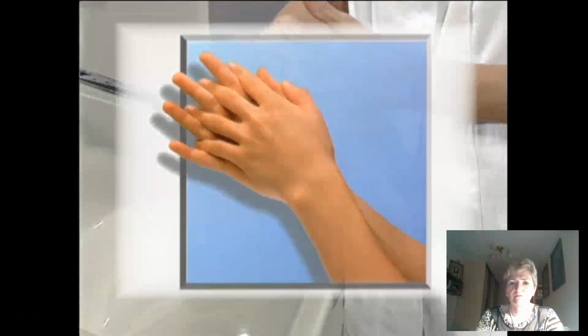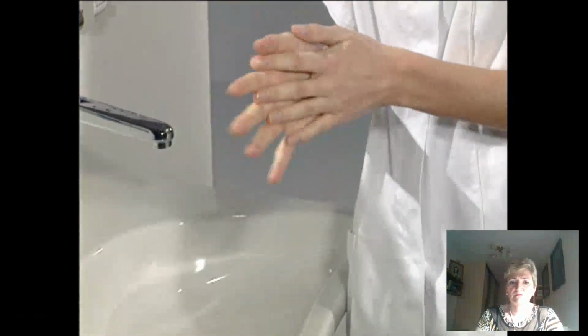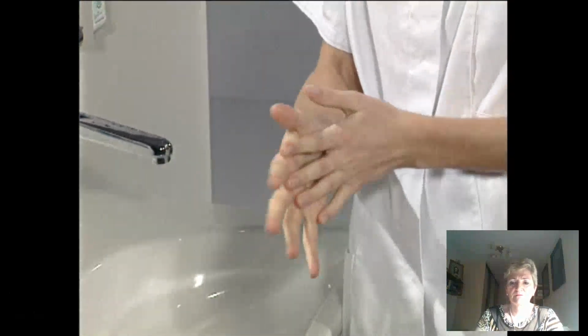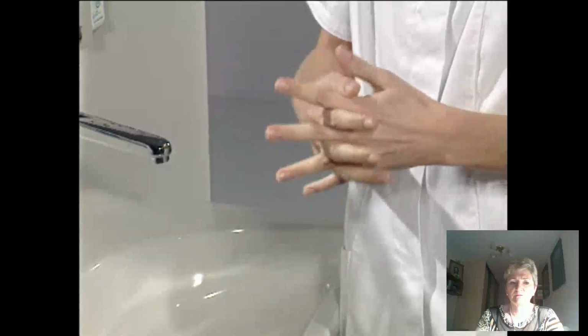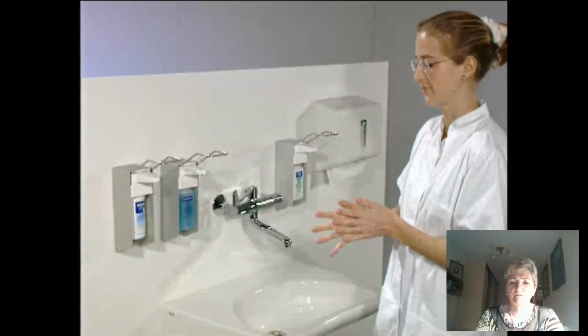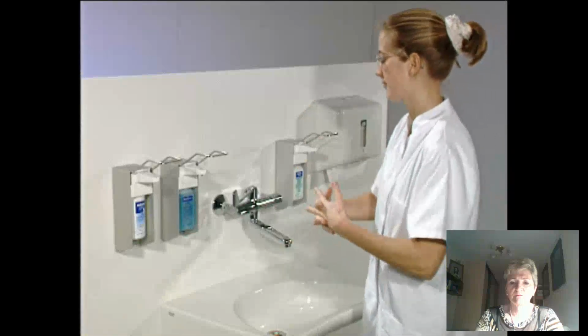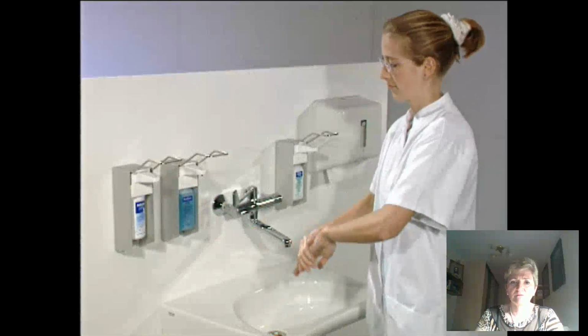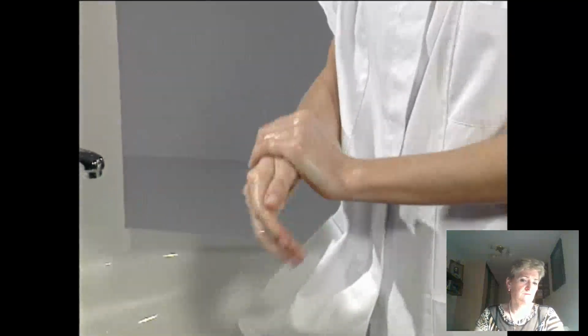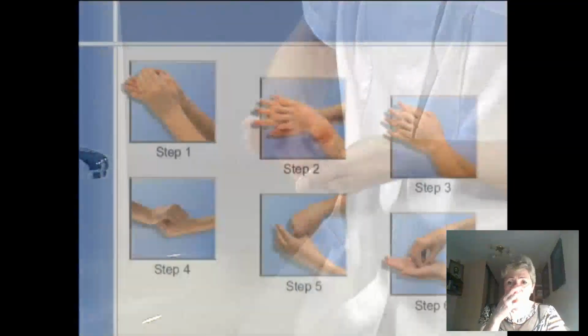Then rub the hands palm to palm with interlaced fingers to cover and disinfect them. The amount of disinfectant required for a proper hygienic hand disinfection is 3 milliliters. Most dispensers are set to dispense 1.5 milliliters. A second pump full of disinfectant should be applied and rubbed in halfway through the required rubbing time.